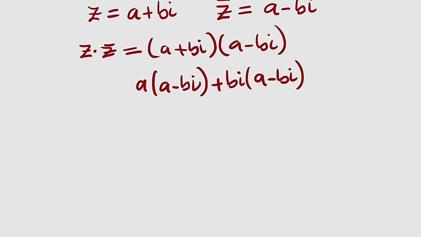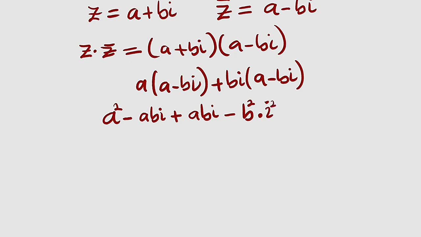So let me expand. On the left-hand side, we have A times A, which is A squared, minus A times Bi, which is ABi. Then on the other side, we have plus Bi times A, which is ABi. And lastly, we have minus B times B, which is B squared, then i times i is i squared.